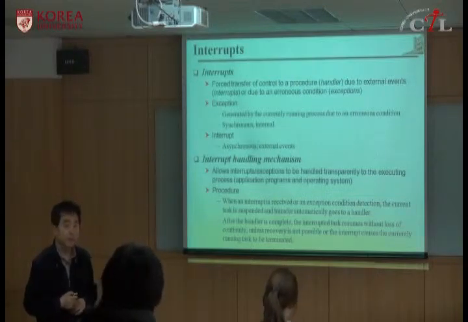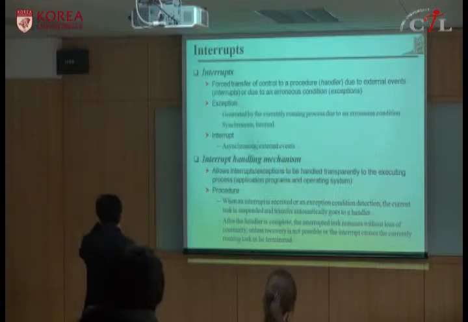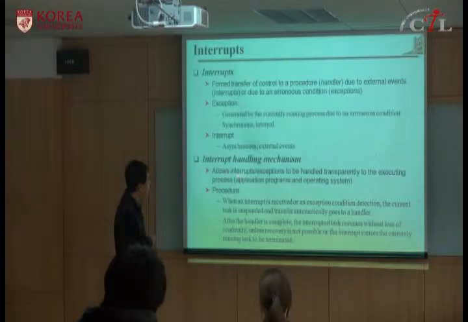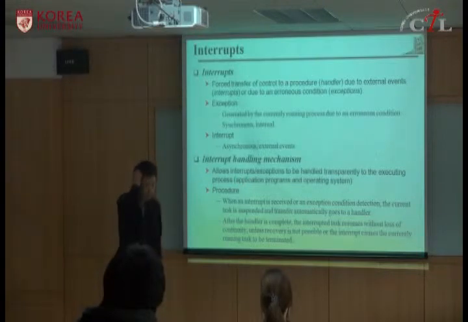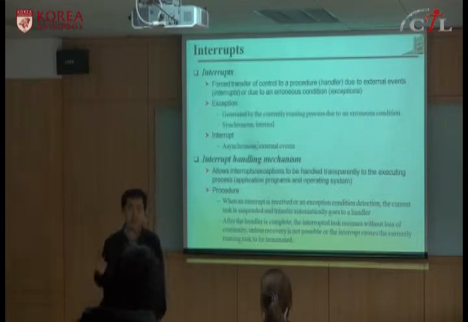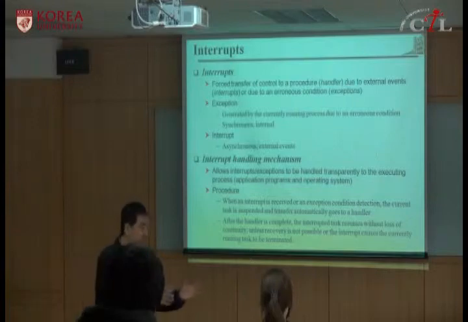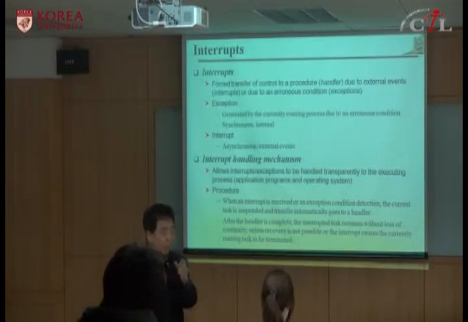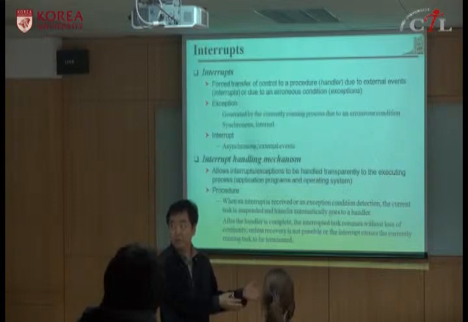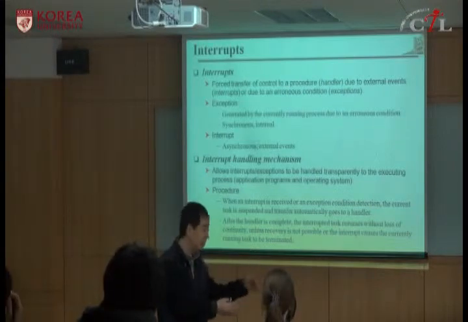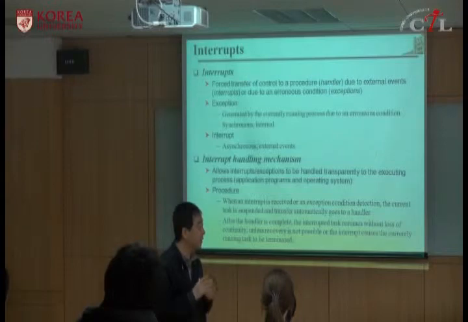The general interrupt handling mechanism is that you should allow an interrupt or exception to be handled transparently to the executing process. This means even if some I/O device causes some DMA interrupt or whatever, an I/O interrupt, after the processor handles that event, you go back to the stopped instruction, and then the program or the process should continue without loss of continuity, as if nothing happened.